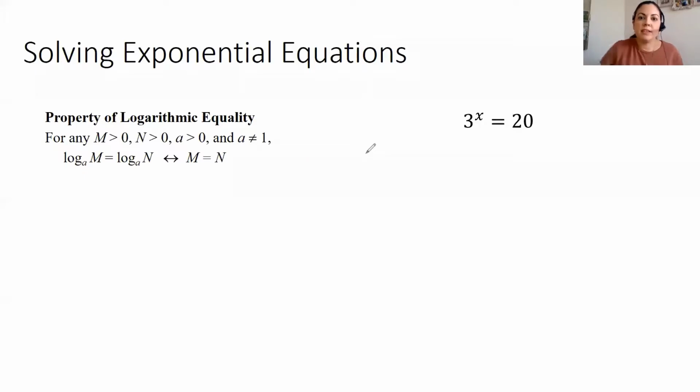Now, in this case, it's not possible for us to change this 20 into something that has a base of 3. Because as we've seen, 3 squared is 9, 3 to the third is 27. There is no exact power that's going to give us a value of 20. So using that base exponent property isn't going to work here. This is where we're going to use this property of logarithmic equality.